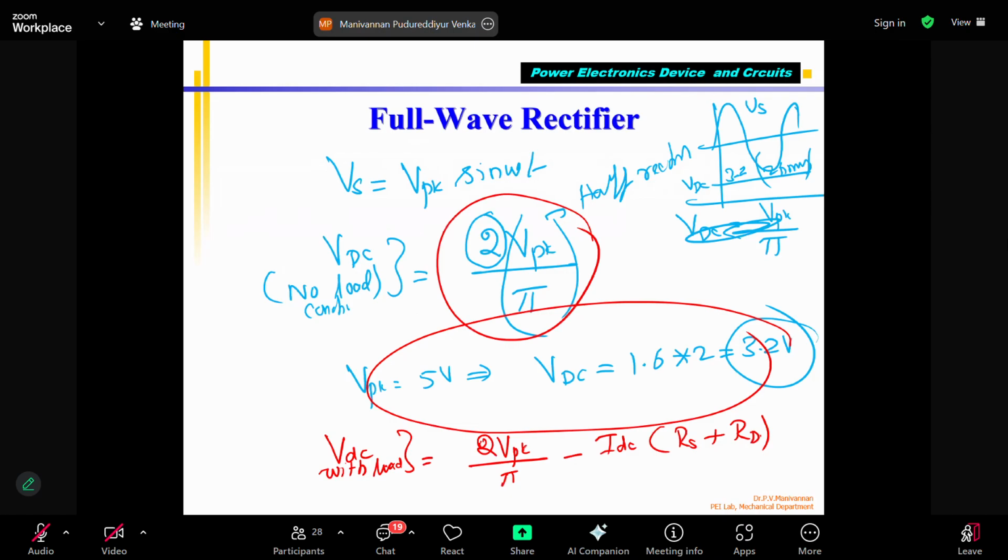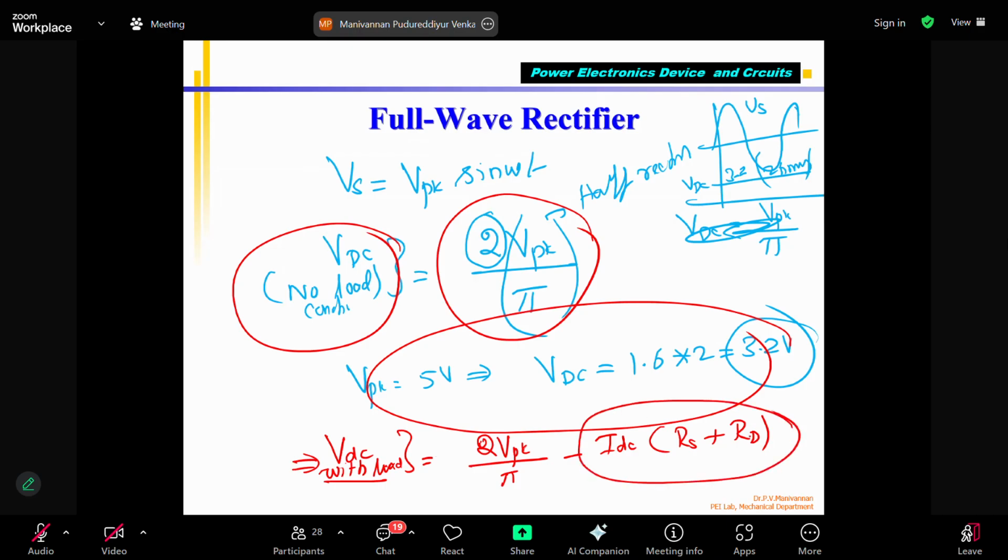This voltage should be subtracted. That means VDC with load will be lesser than that without load. VDC without load we found to be 3.2 volts, so VDC with load will be lesser by this voltage, where ID is the current flowing.